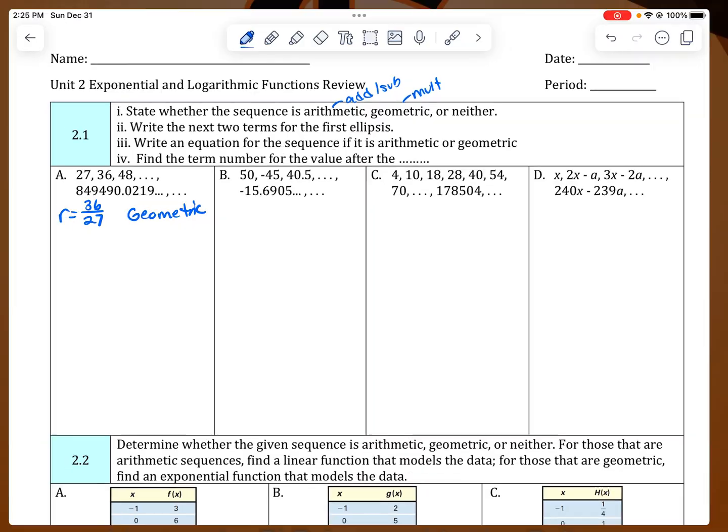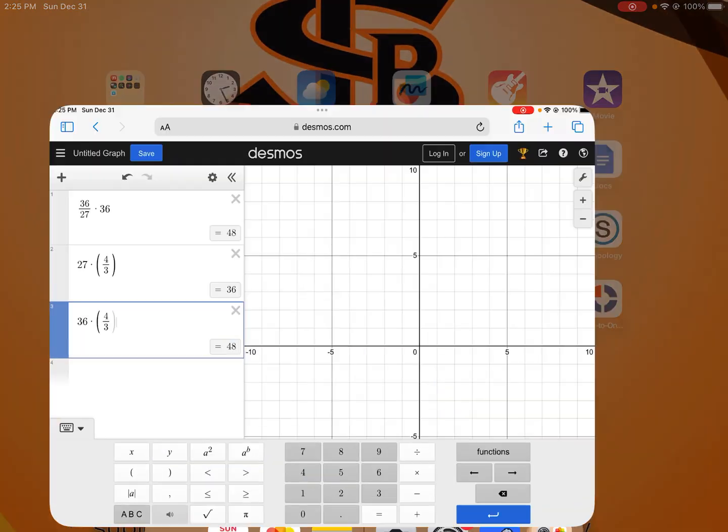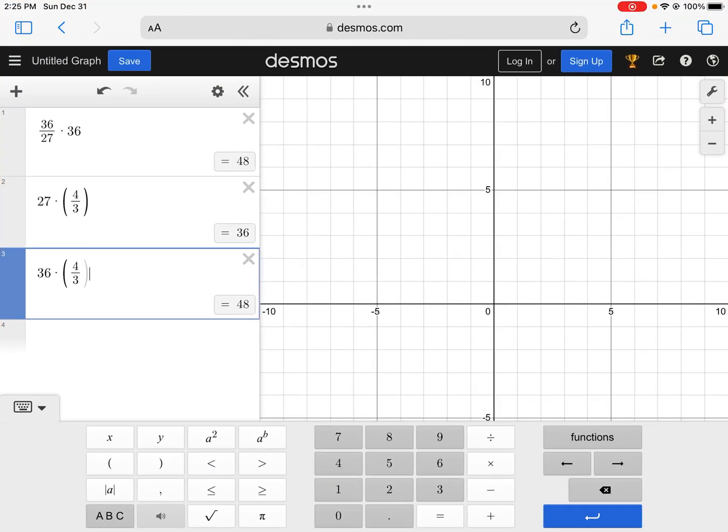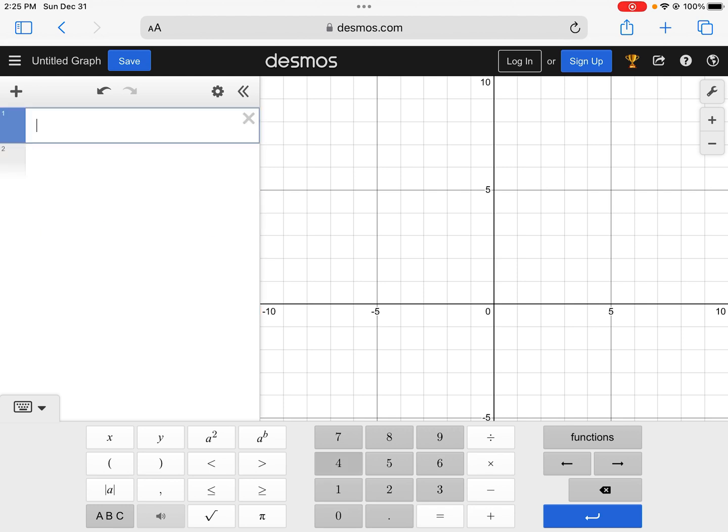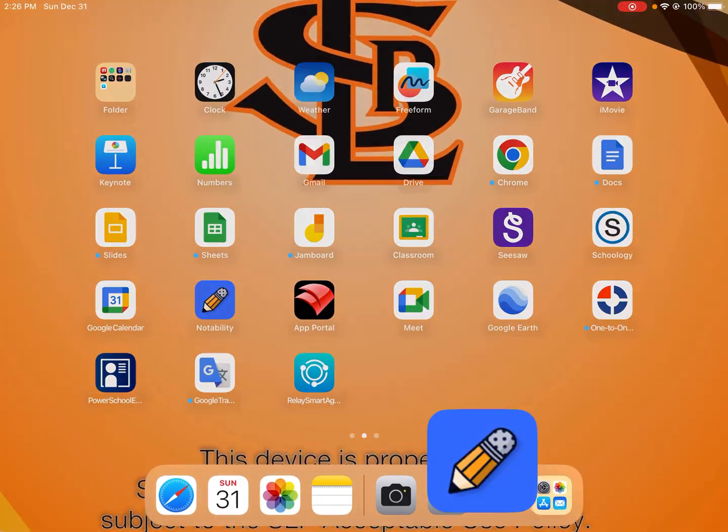So let's find our next two terms. 48 times 4/3 is 64, and 64 times 4/3 again is 85.3.